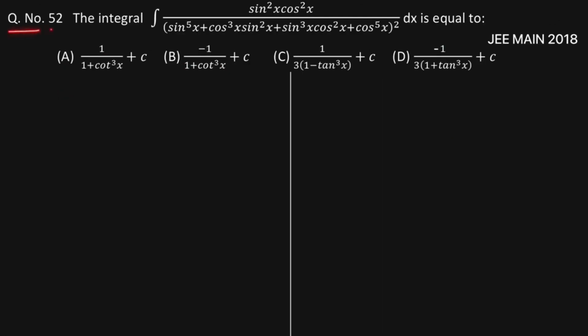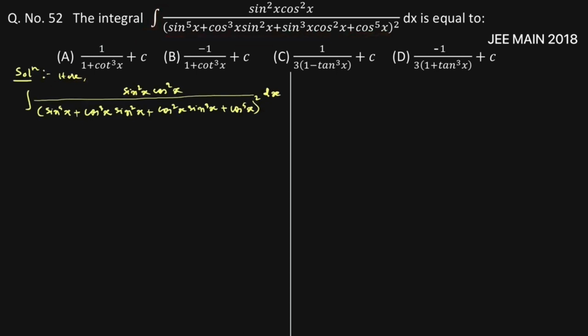Question number 52. We have to find the integration of this. Let's see the solution of this question. So here, to solve this integration, we have to divide the numerator and denominator by cos to power tan x, which we are also able to write as cos to power 5x whole square.